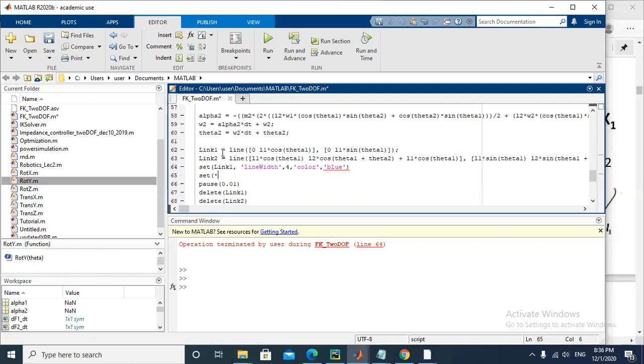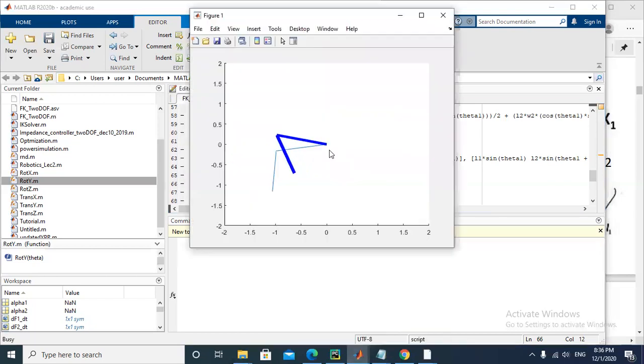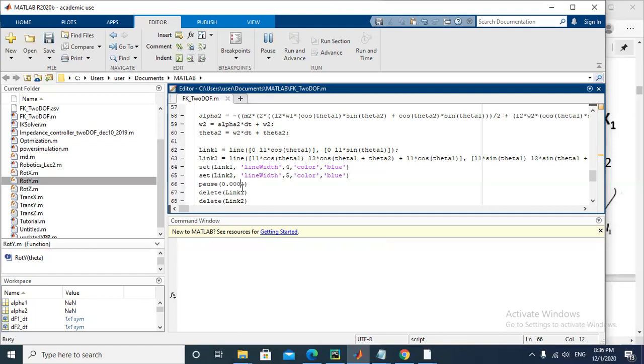Okay, so this we can set basically the property of this object, which is a link, line width 4, color blue as well. So what I'll do is, let me actually increase this resolution a bit more, and then there you go. So this is our system. Okay, we actually have the full dynamics going on here.